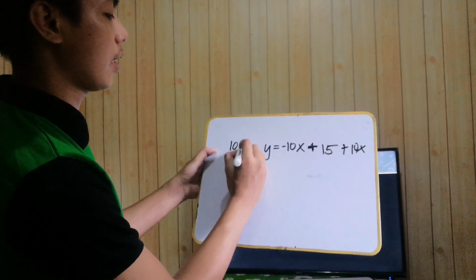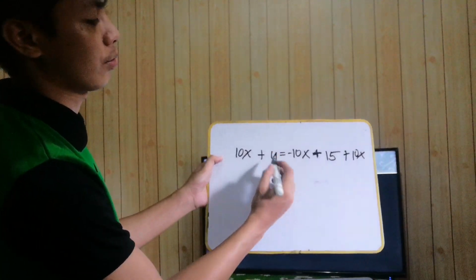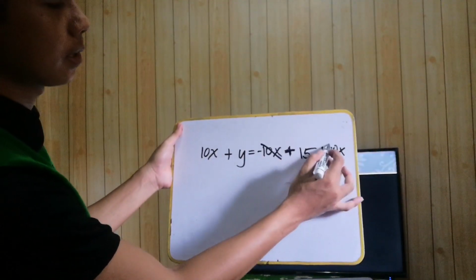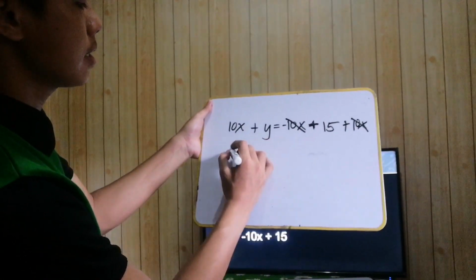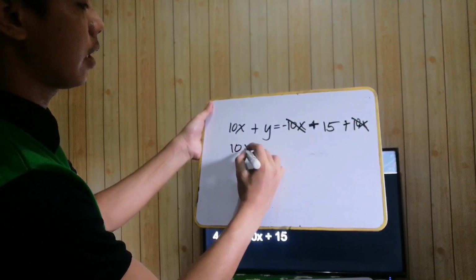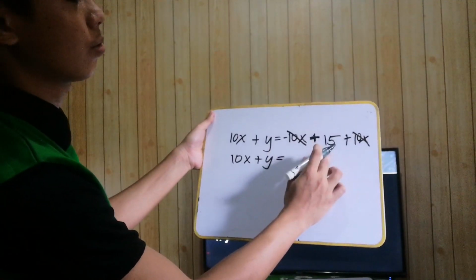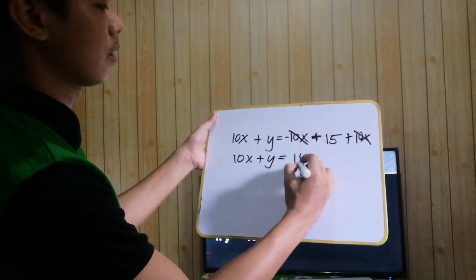So, positive 10x. So, that's y. Now, cancel na. Ang matitira lang is 10x plus y equals to 15.